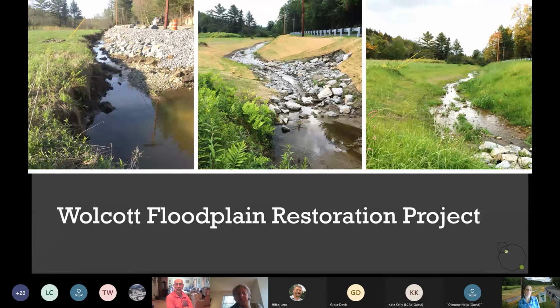So now on the right-hand side of the stream, vegetation will grow up where it would have just been rock. And on the left-hand side, there was a bunch of plantings done. Right now, you're just looking at it with the grass and the stabilization, but they've done a bunch of plantings. And when you look at the last picture on the right-hand side, you can see how it's a little bit more stable than what we were looking at in the first slide. So that's what we did in Walcott.